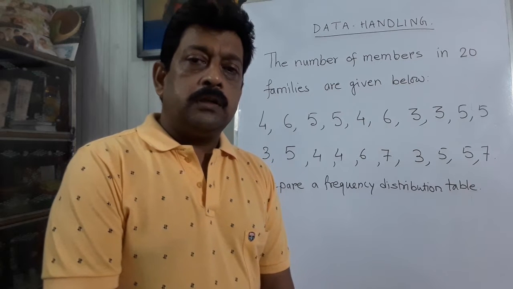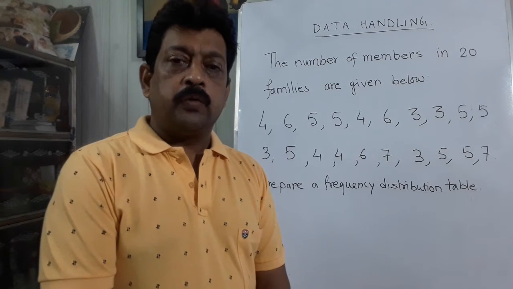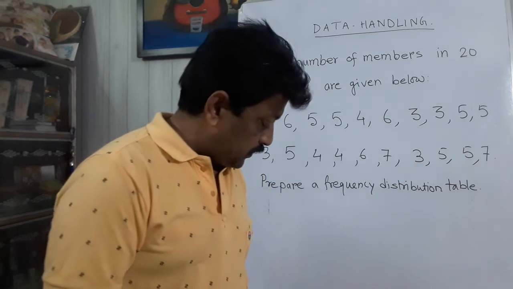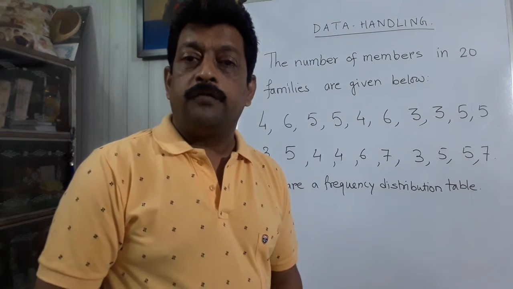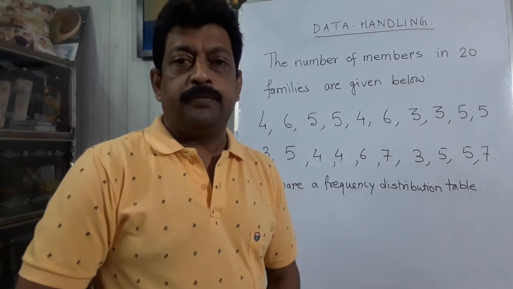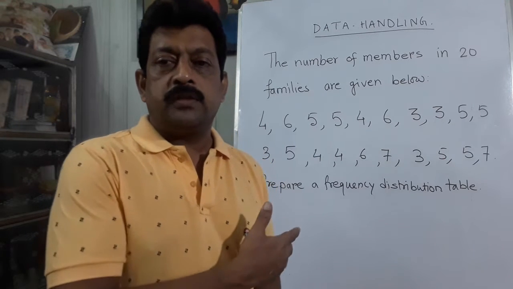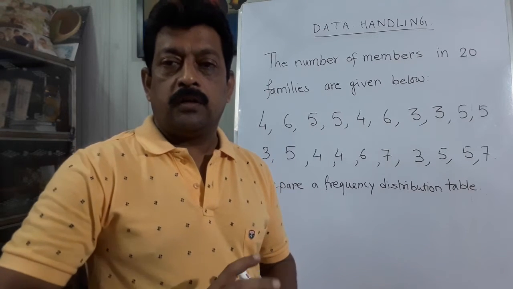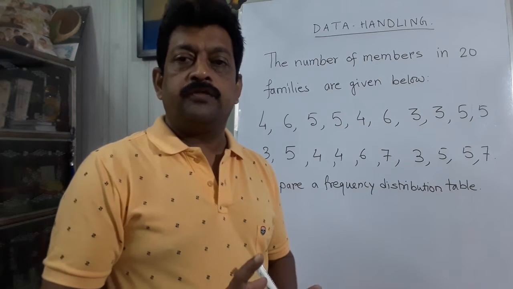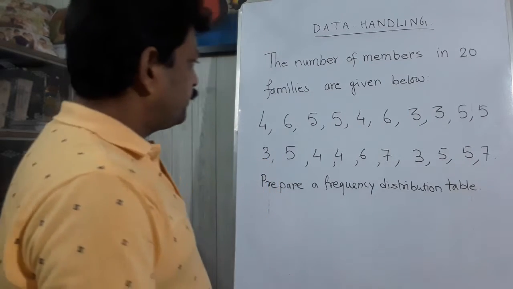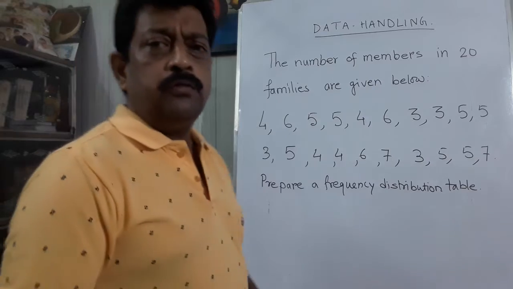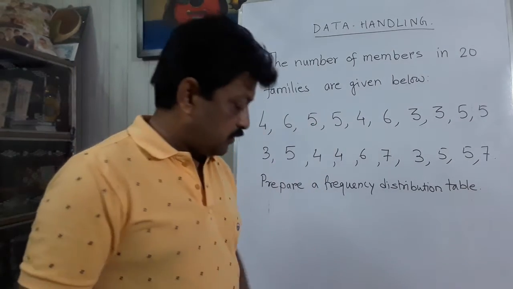And the third column is the frequency. Now what is frequency? The total number of observations of a particular type is known as frequency. When I do the sum, it will become clear to you what is frequency. Okay, so first of all, I have to make 3 columns.